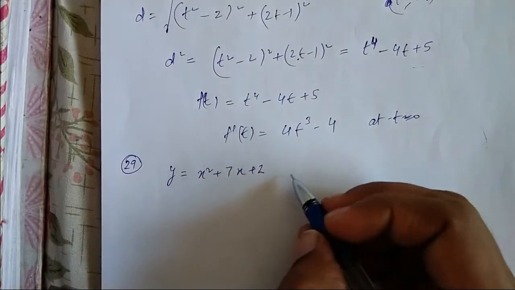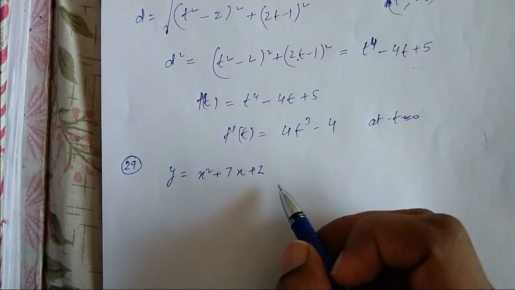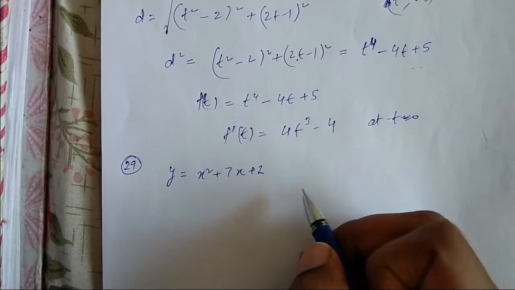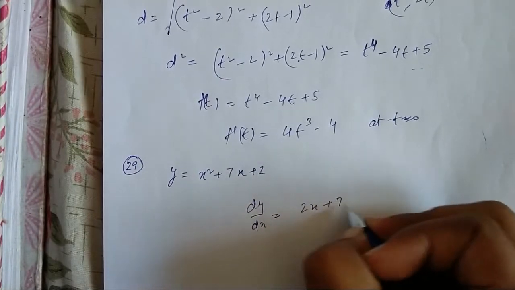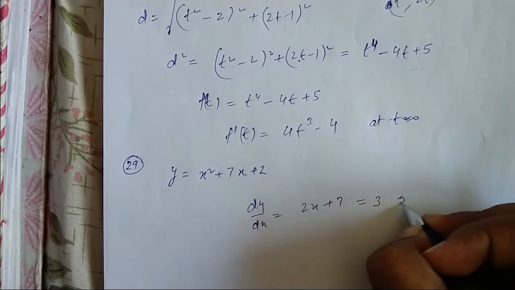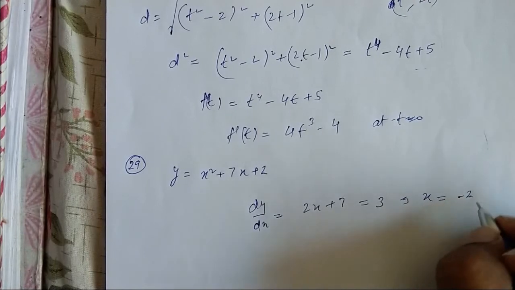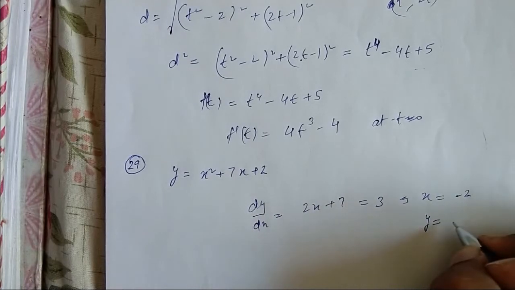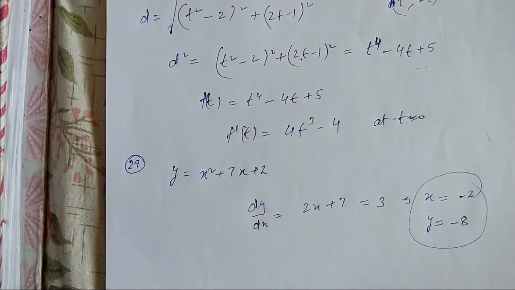The point closest to the given line would have the same slope as this line, hence dy by dx, 2x plus 7, has to be 3. This implies x is equal to minus 2. And if x is equal to minus 2, we can obtain the value of y as minus 8. Okay, so this is the point nearest to the given line.